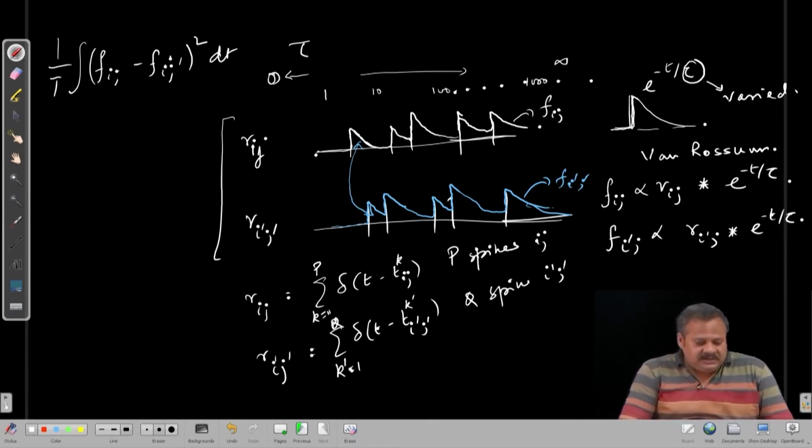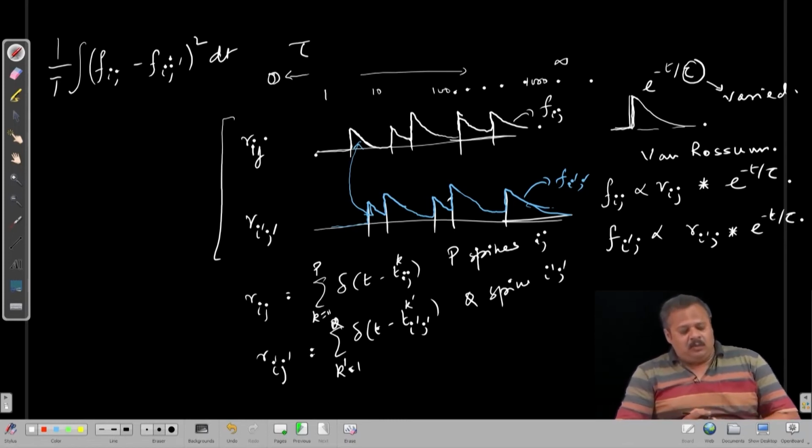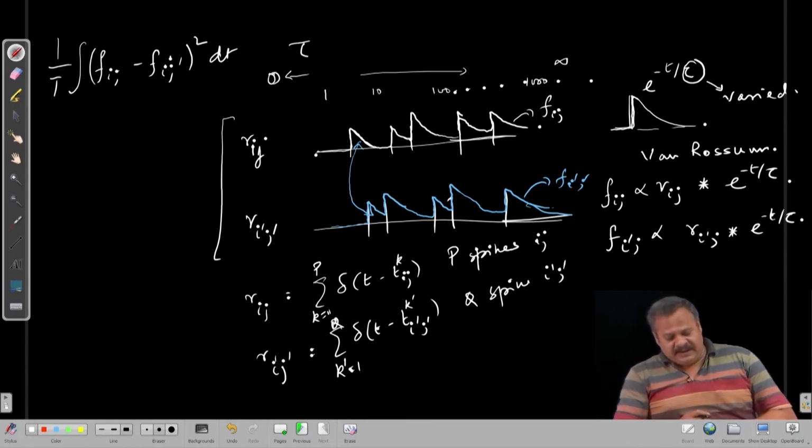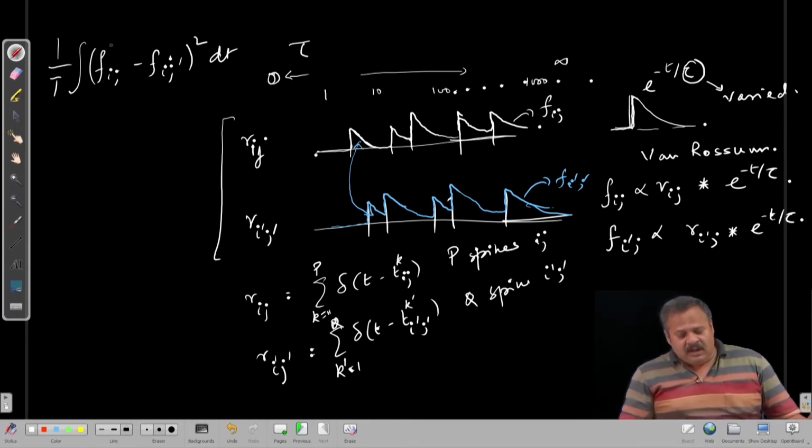This distance metric can be very useful, and is actually sort of a biological way to look at distances between two spike trains, although it is not necessary that the Euclidean distance is how the postsynaptic neuron is going to behave, but that is one way to think about it.